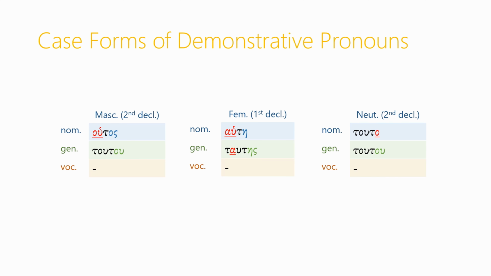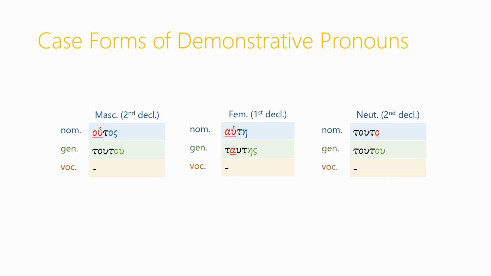That initial tau never dropped off the neuter form. The one irregular part there is, as we saw before, that instead of the on ending with a nu at the end, we have tuta for the neuter nominative singular of the demonstrative pronoun.